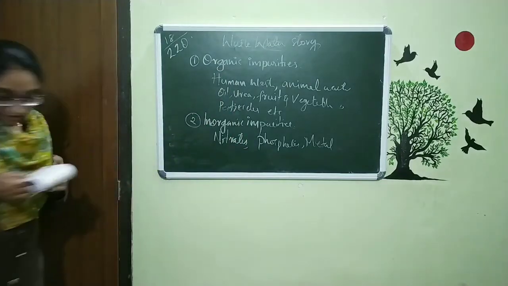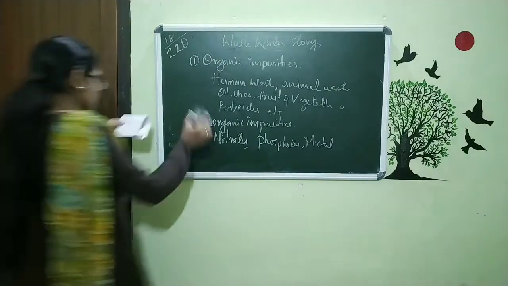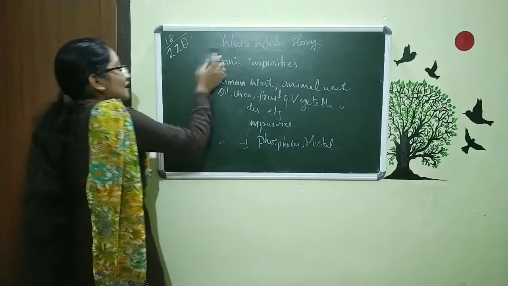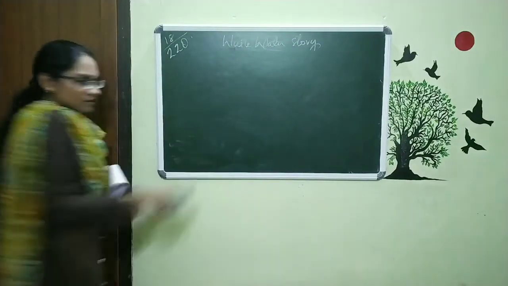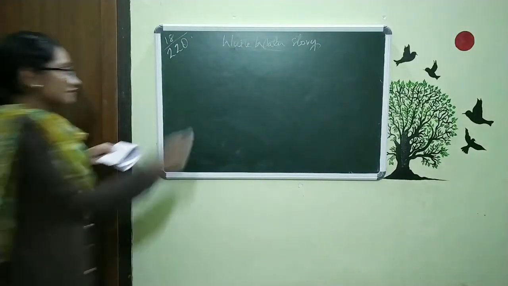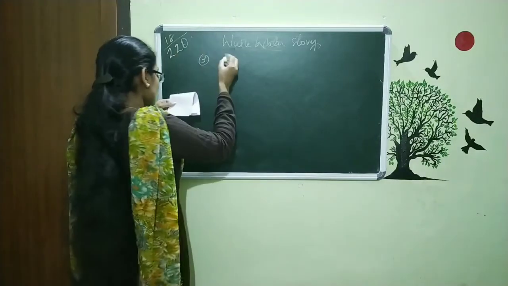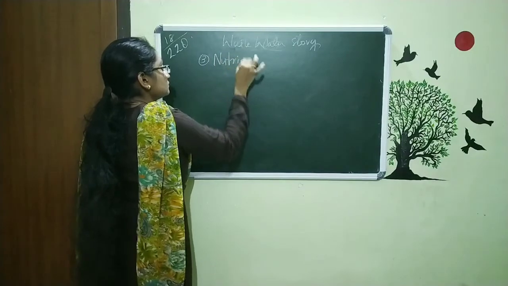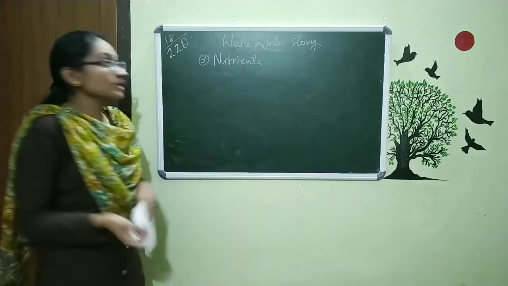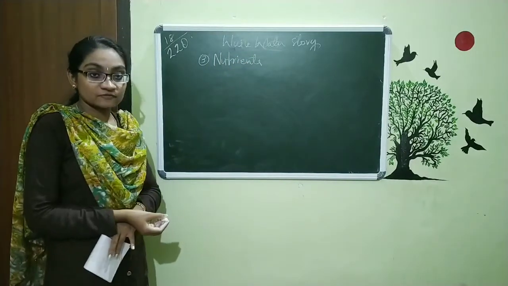Now we are going to discuss the third type of component that will make the water contaminated. The third one is nutrients. Don't think all the nutrients are very much important for a particular use.